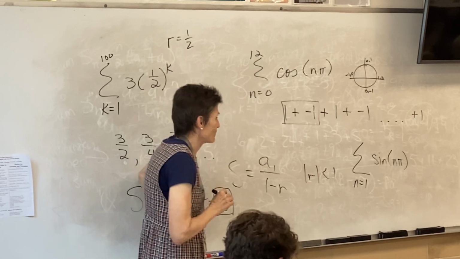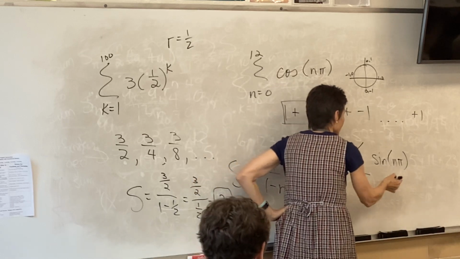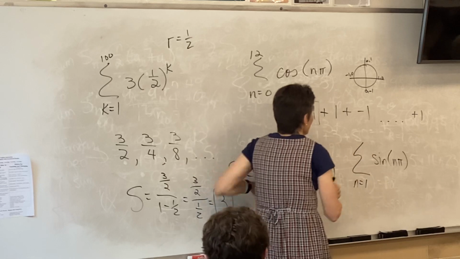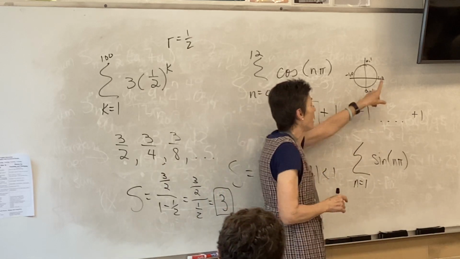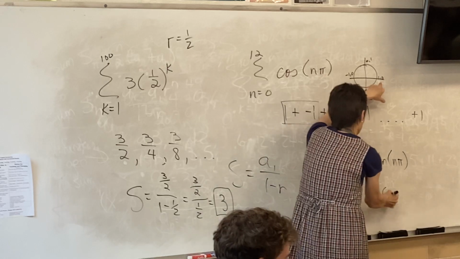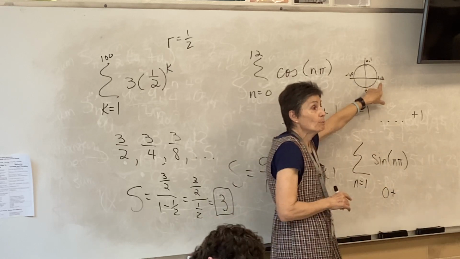Okay, so here we go. Let's see what's happening here. If we put in a 1, so we're starting with 1, what's the sine of pi? Oh, 0. No, 1. I knew that. Now put in a 2.